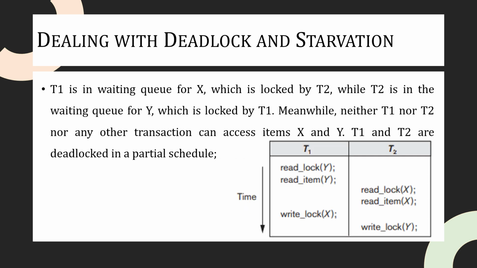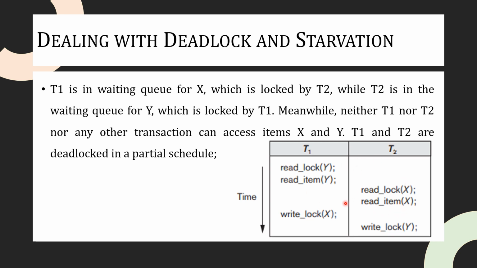So in the given example, T1 is in the waiting queue for X, which is locked by T2, while T2 is in the waiting queue for Y, which is locked by T1. Meanwhile, neither T1 nor T2 nor any other transaction can access the items X and Y. And this T1 and T2 are deadlocked in this schedule.